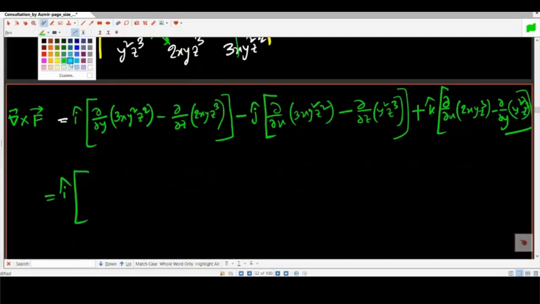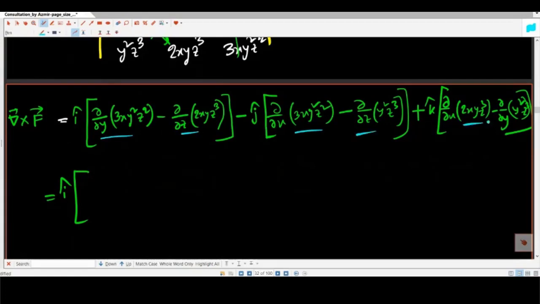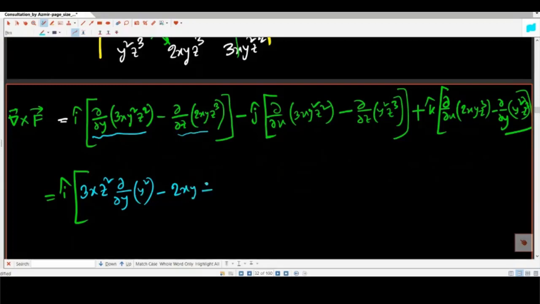So now we have to do the partial derivatives. First of all, let's do the first one. We are differentiating in terms of y. So x and z will be constant. 3 is also constant, so we can pull out 3x z squared before. We have dy of y squared, negative. Here we are differentiating in terms of z. So 2xy is constant.